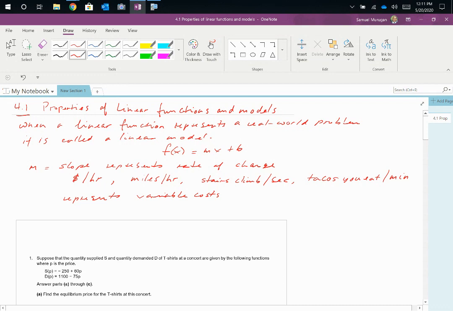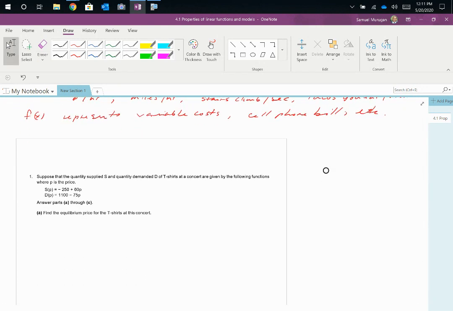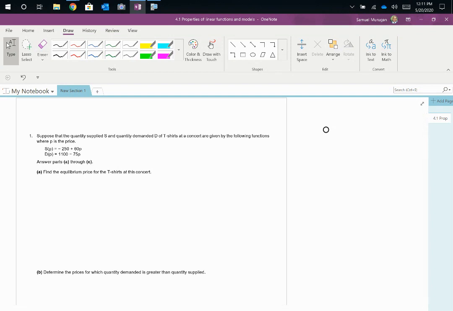Sorry, the equation f of x represents variable cost, and you can also pick out things like how much you get paid or how much your cell phone bill is, etc. Okay, so we're going to look at 4 examples of problems that actually use linear models. Okay, all right, here we go.